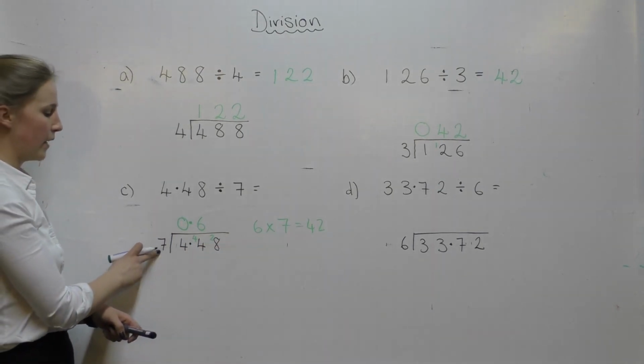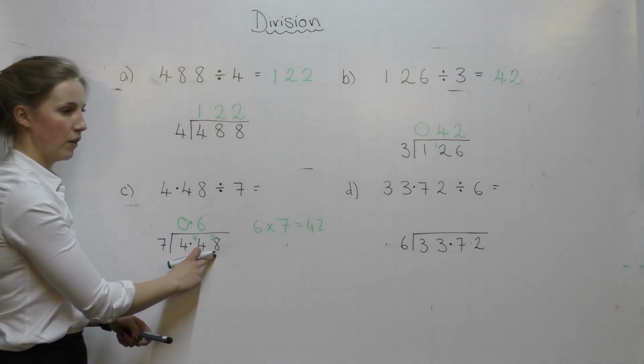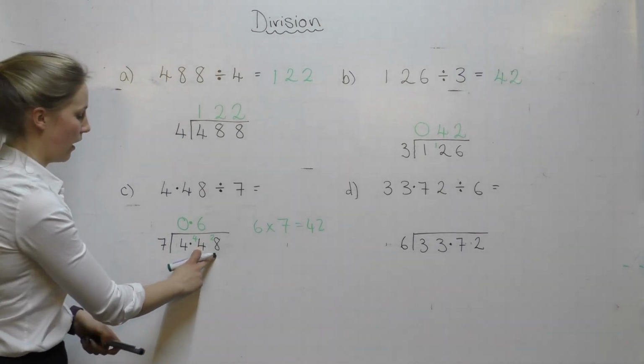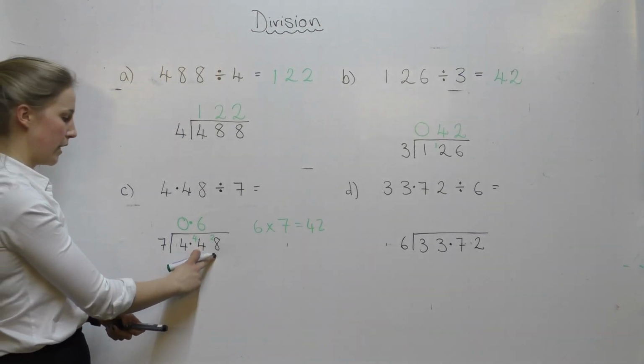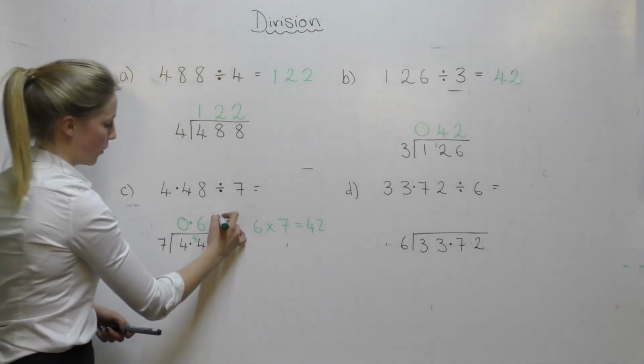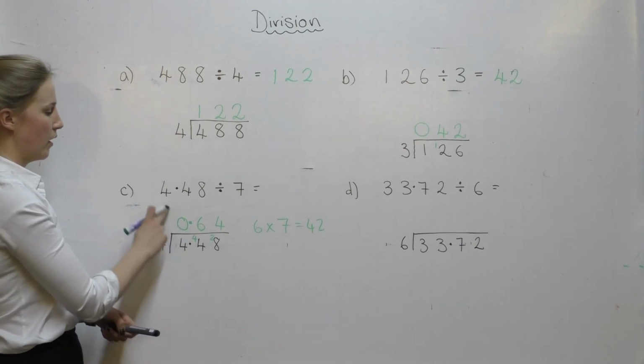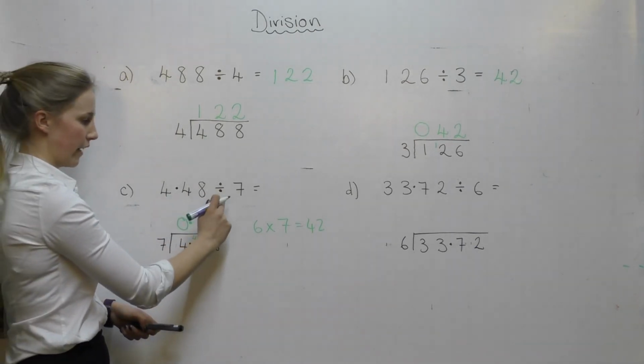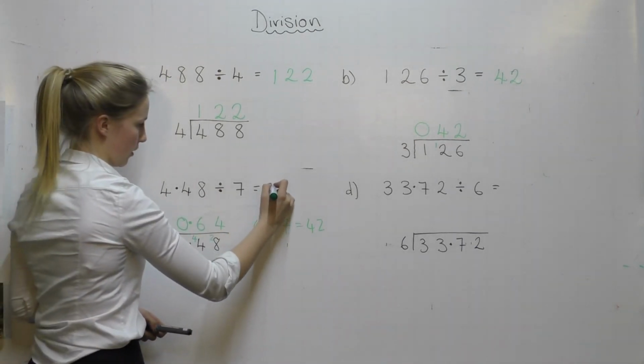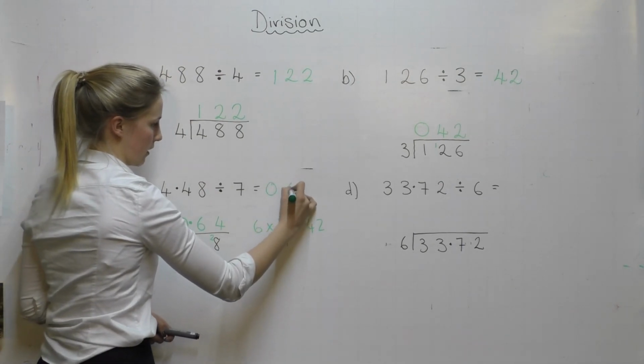I then think, how many 7s go into 28? And again, thinking about my 7 times table, I know that 4 lots of 7 fit into 28. So 4.48 divided by 7 is equal to 0.64.